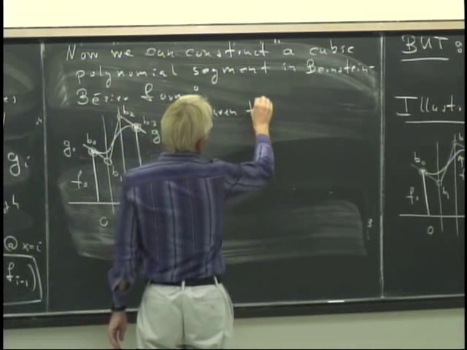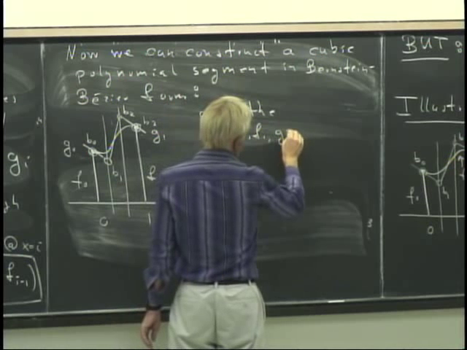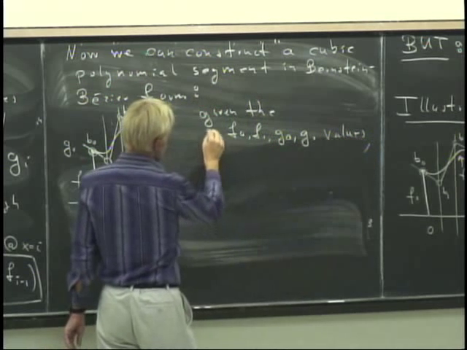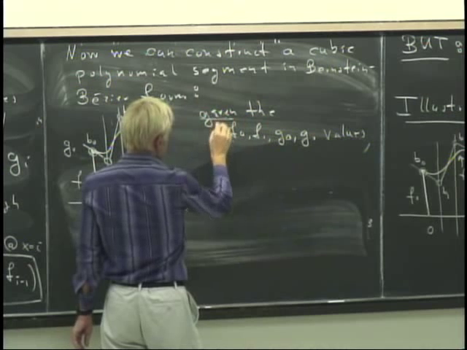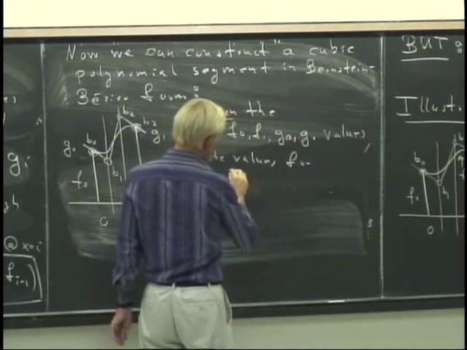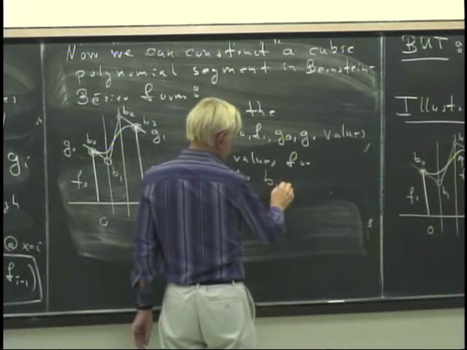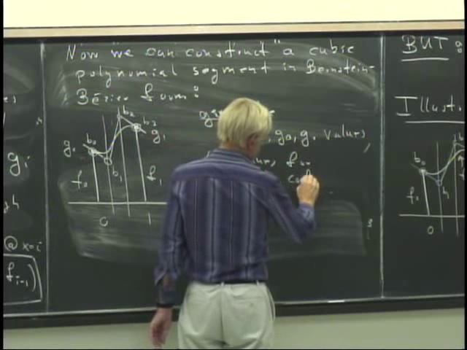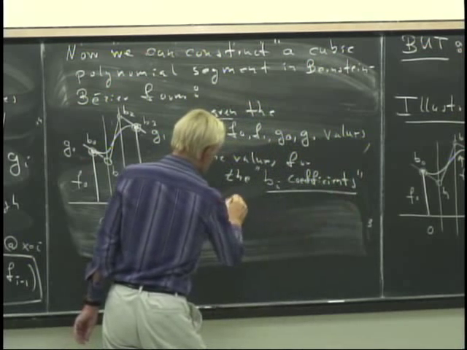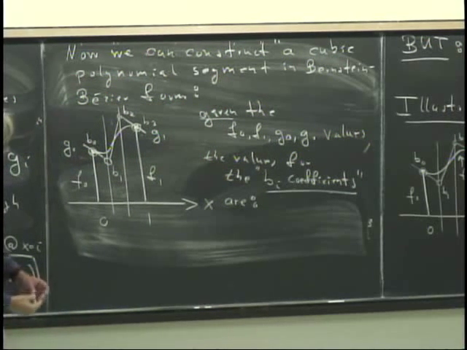Given the F0, F1, G0, G1 values, the values for the Bi coefficients. What is obvious?